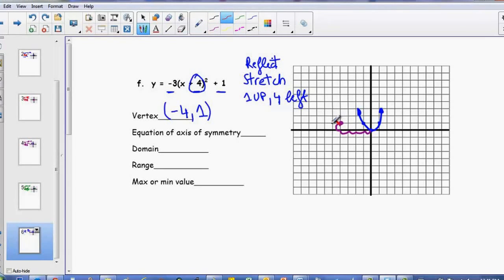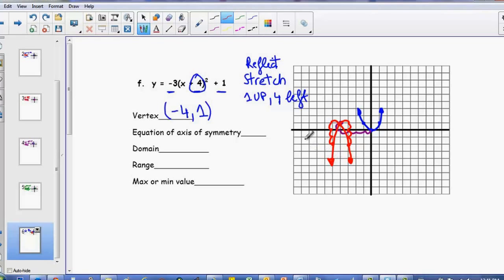However, since the function is reflected, we have to go down 3 units for every increase or decrease in the x value. So we're drawing the new function in red right now, and then we're going to try and fill in all the information required about this function.